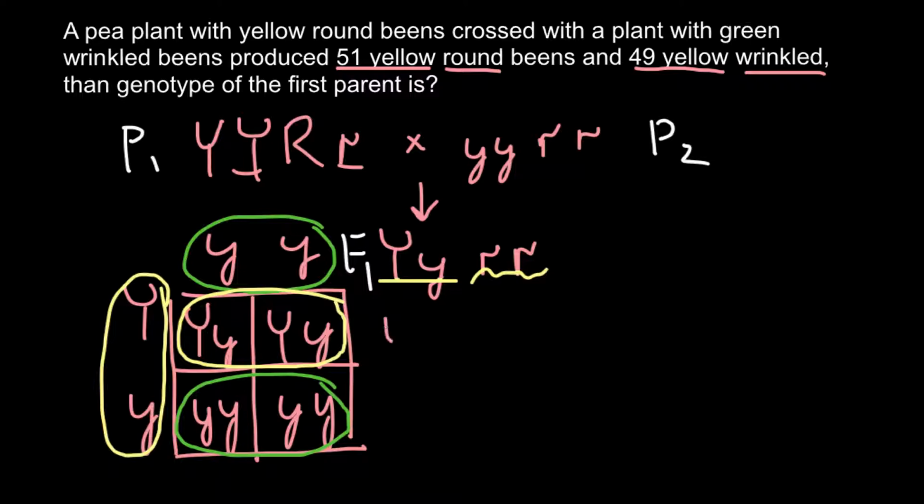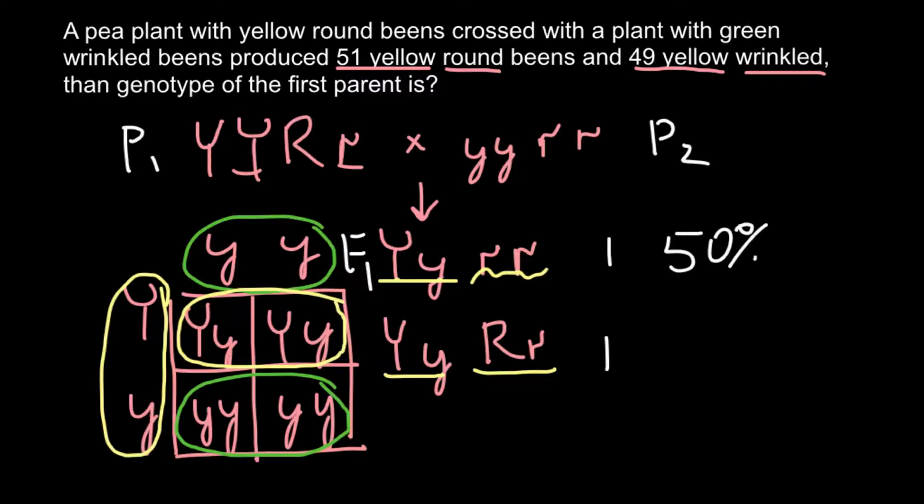Or we may have heterozygous for the first trait and heterozygous for the second trait, so we would have yellow and round for the second trait, and the ratio of these phenotypes would be 1 to 1, or 50% and 50%. So the genotype of parent 1 would be homozygous for the first trait and heterozygous for the second trait.